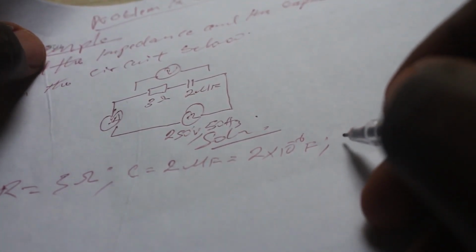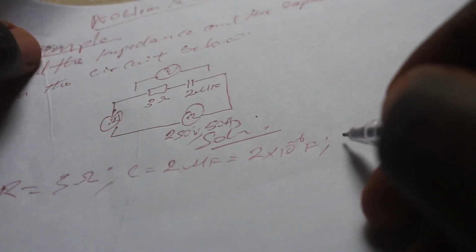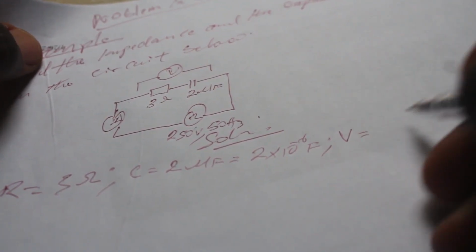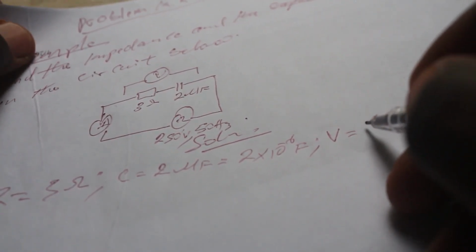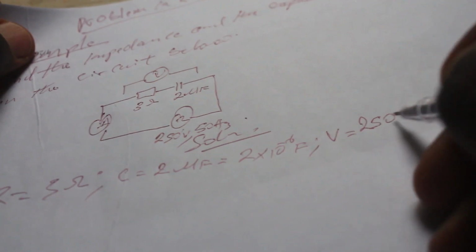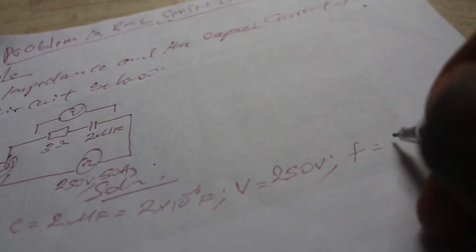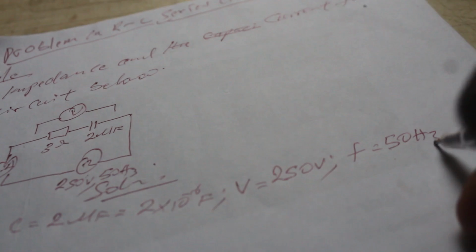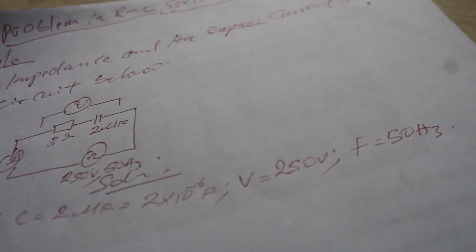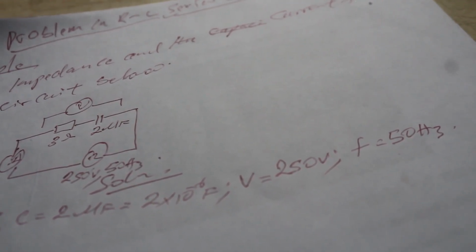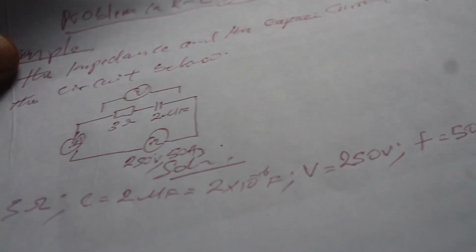We have the source voltage, the potential difference of the source, and it's 250 volts. We have the frequency, and that's 50 hertz. Okay, that's what we have.